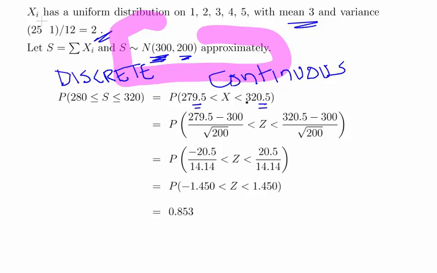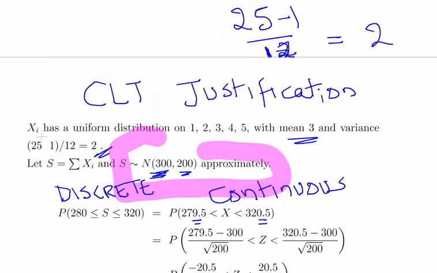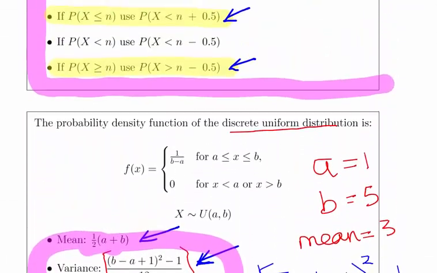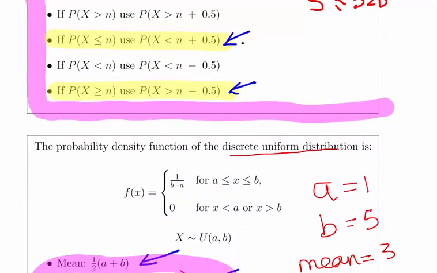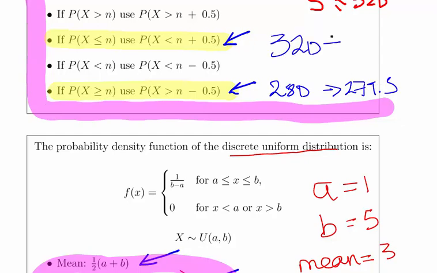And why does it go from 280 to 279.5, and why does 320 go to 320.5? That's it in both cases. I highlighted that earlier.